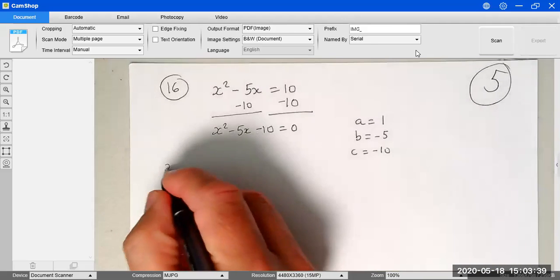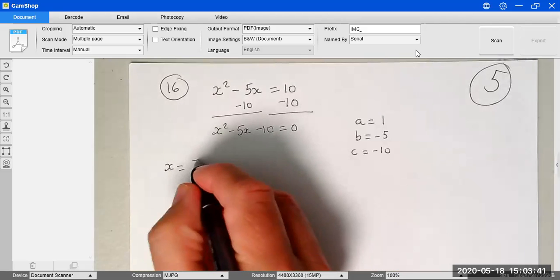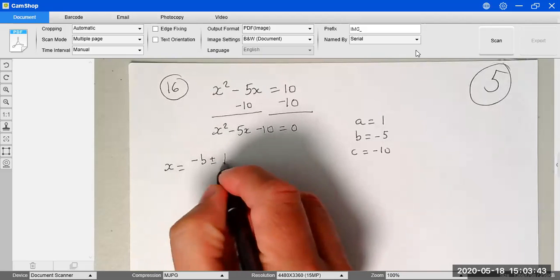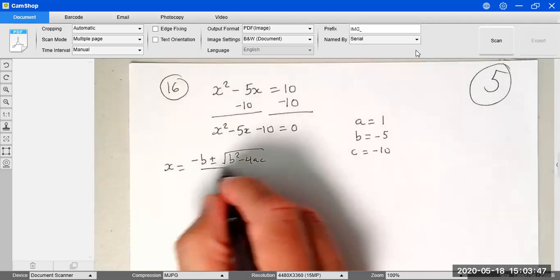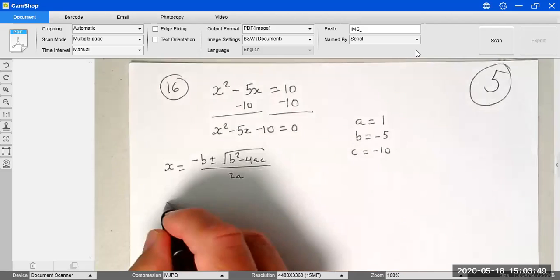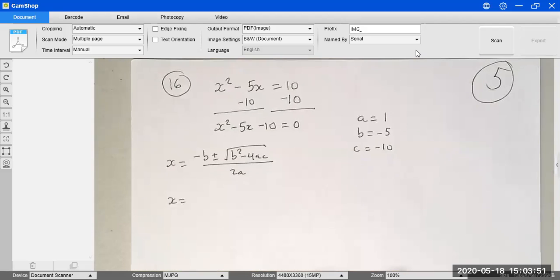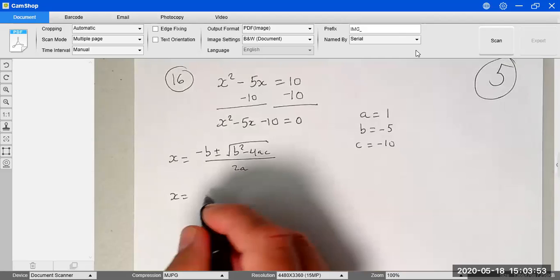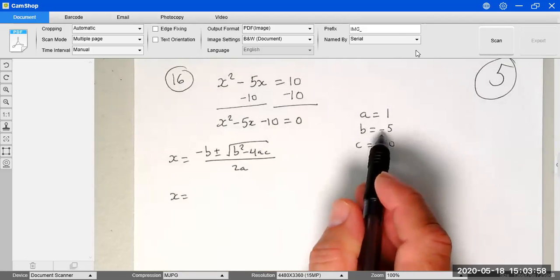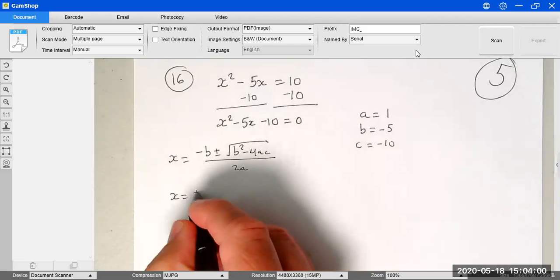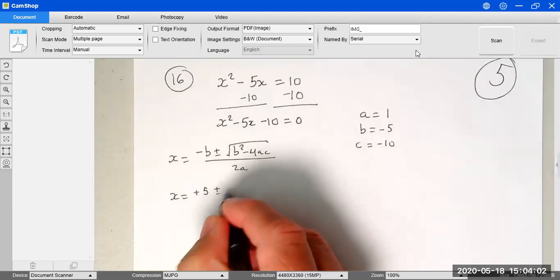Now we can apply the quadratic formula. So I'm going to write here the quadratic formula, and then I'm going to do the substitution. So I'm going to replace b by -5. So negative b, negative here, is going to be positive 5 plus minus.